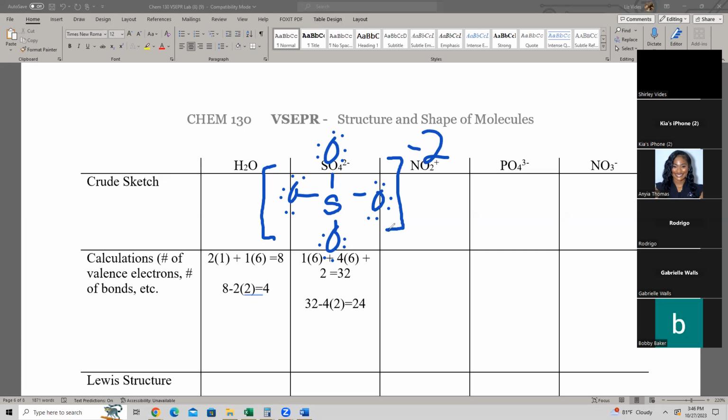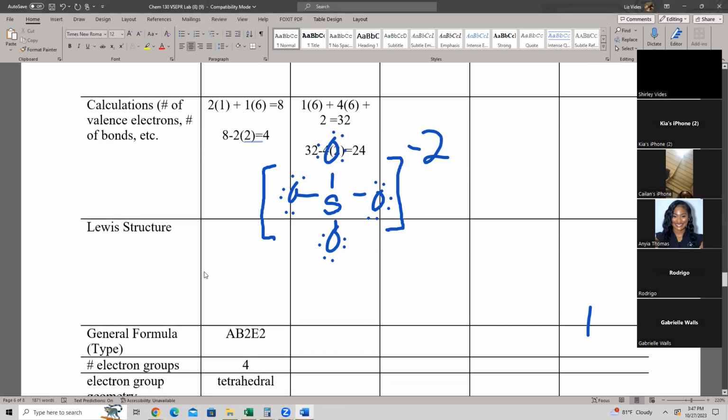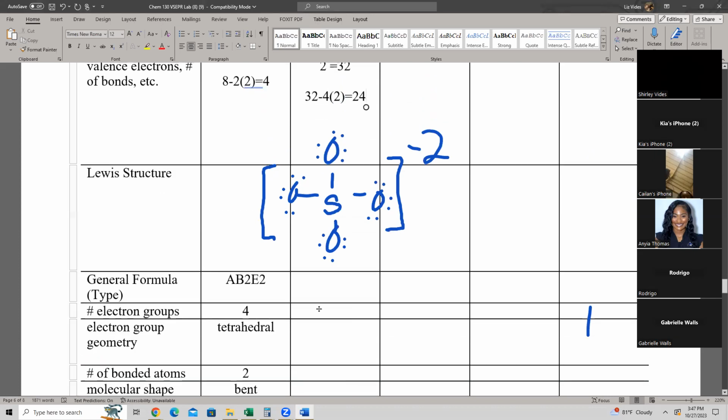All right. So we're going back to the beginning that we had before, pretty much. All right, so what do we see here? We have an AB4, because we have 4 things around the central atom, they're all bonds.